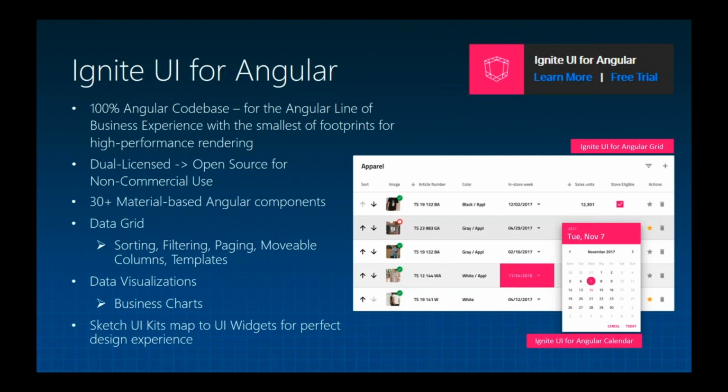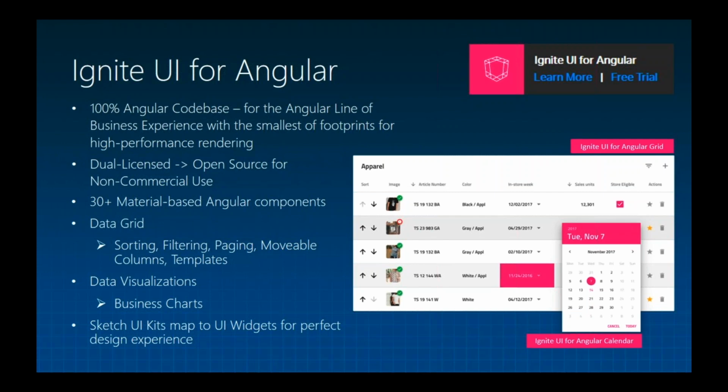Also, this is a dual license. It's open source on GitHub, so you can use the components for non-commercial use. It also has data grid capability, and coming out this spring, we're going to add business charts.